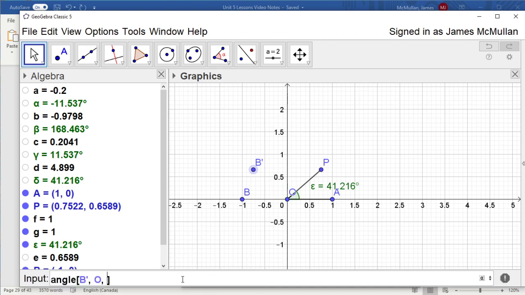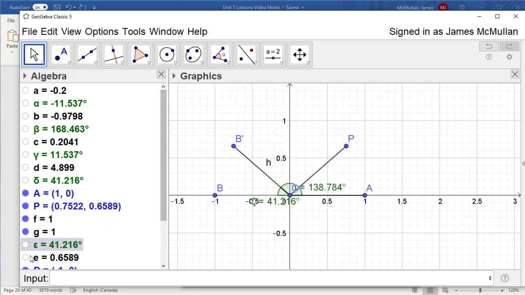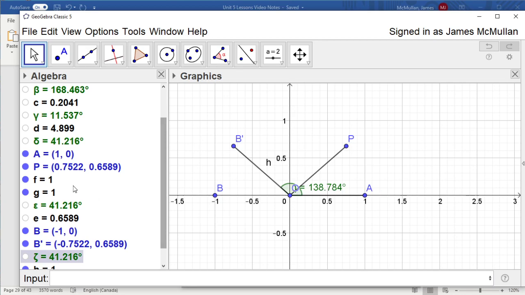Angle B prime OB is also 41.216, right? And then I'm going to make another segment, and I'm going to measure another angle from A to O to B prime. I know this is getting a little cramped in there, but let's just look here. And let's hide this and this.